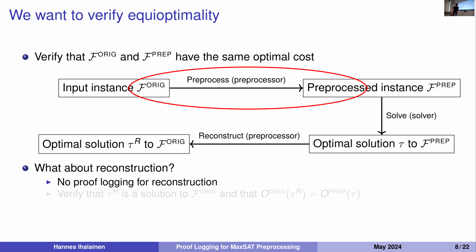And the reason is that when we have verified the equi-optimality of the input instance of our preprocessor and the output instance of the preprocessor, and the optimal solution for our preprocessed instance, we can verify that this reconstructed solution is a solution to our original instance, and it has a cost equivalent to the cost of this here. And now this is sufficient for showing that this is actually also an optimal solution for our original instance.